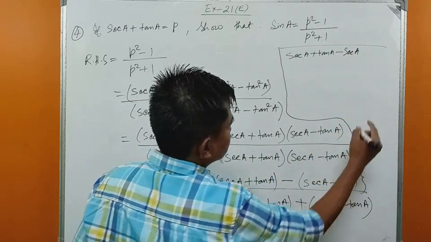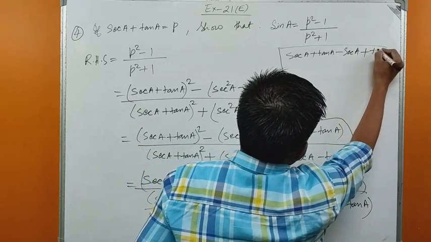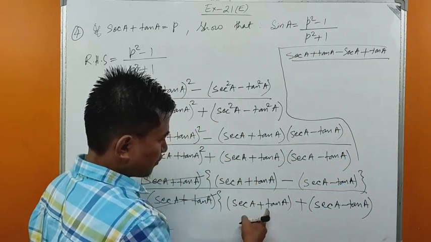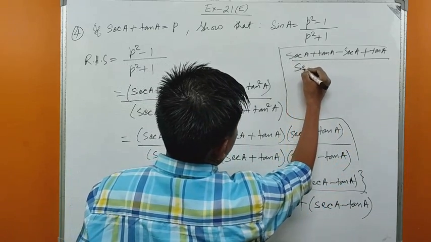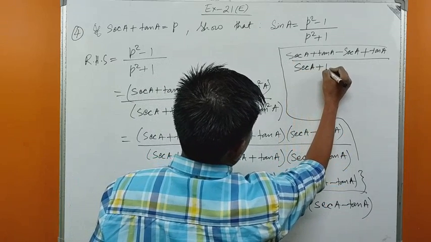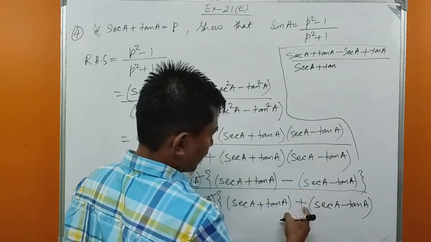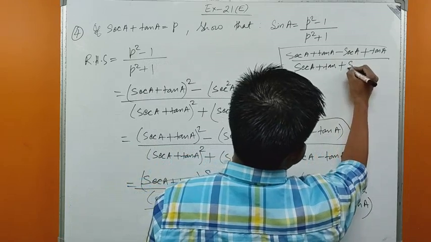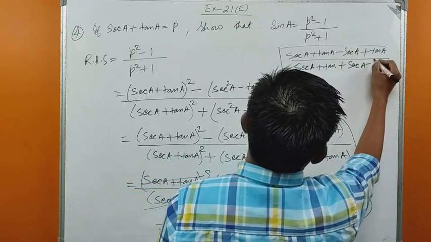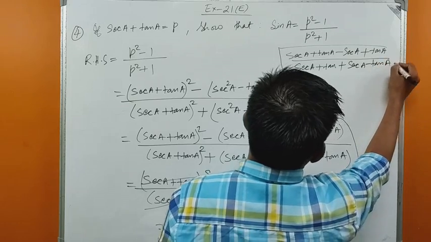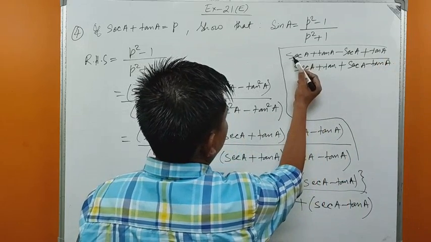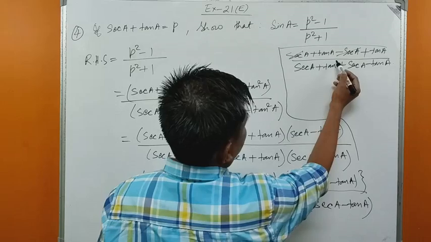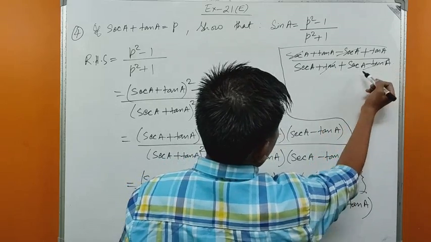Minus into minus plus tan A. In the denominator we have sec A plus tan A plus sec A minus tan A, isn't it? So this plus sec A and minus sec A can be cancelled, plus tan A minus tan A can be cancelled.